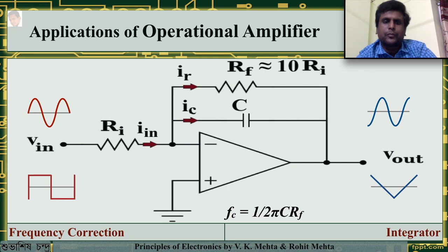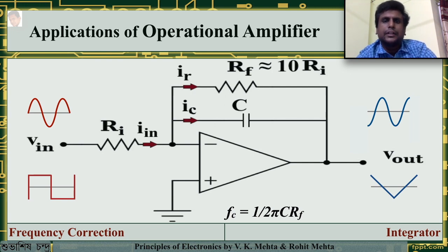That is, we have to provide an input frequency greater than this value for the integrator to behave as an integrator. Below this frequency, the circuit behaves as a simple inverting amplifier and no integration occurs. This is the practical integrator that is used in all op-amp circuits.